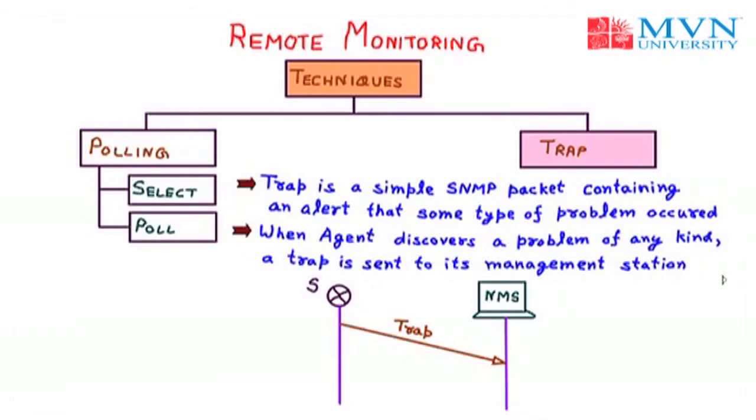Whenever the agent contributes in the management process, the server program running on the agent can check the environment, and if it notices something unusual, it can send a warning message that we call a trap, and the trap is sent to the manager. That's why we call it the network management system.